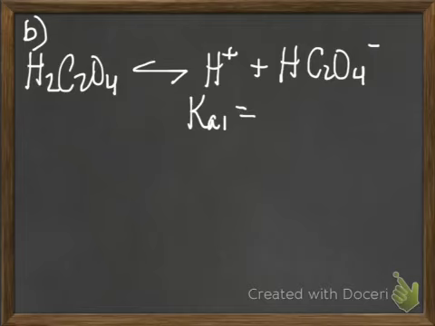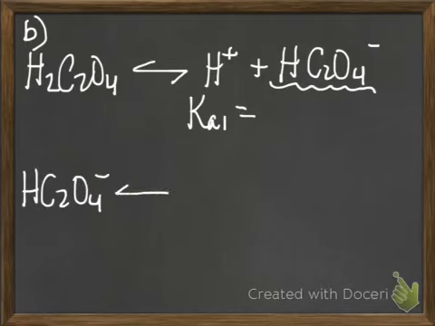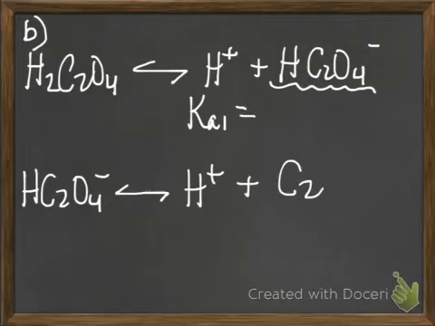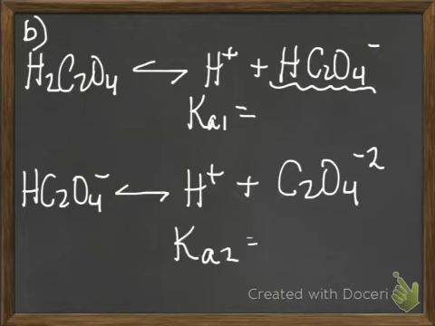Our second dissociation shows the product of the first one losing its hydrogen. So HC2O4 minus, double arrow, the hydrogen comes off. The oxalate ion is left by itself, and so we have the typical 2 minus charge of oxalate, and this would be Ka2. But again, we do not know it yet.